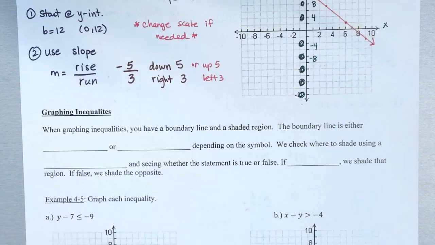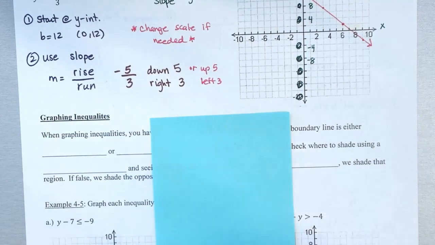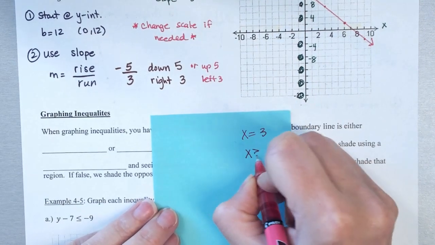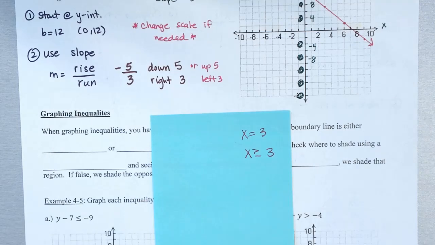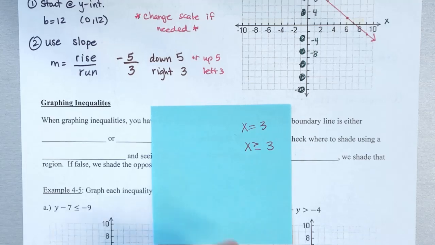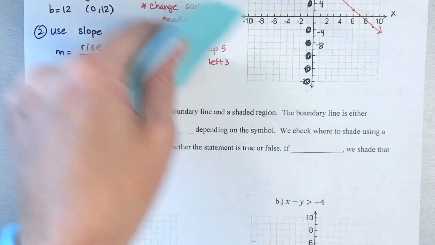Okay, and then this is where you have to shade. So with inequalities, it's a little bit different than if you just have an equal sign, right? If you have x equals a value, that's just one value. But if you have x is greater than or equal to 3, that's going to be an infinite amount of values. So we show that using shading.